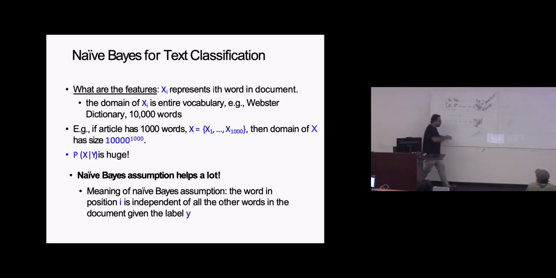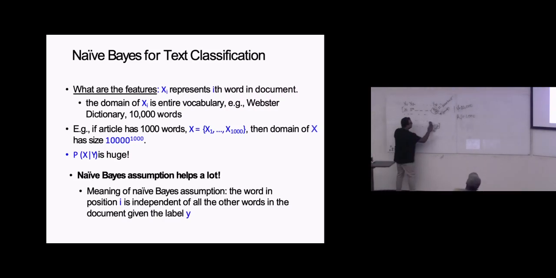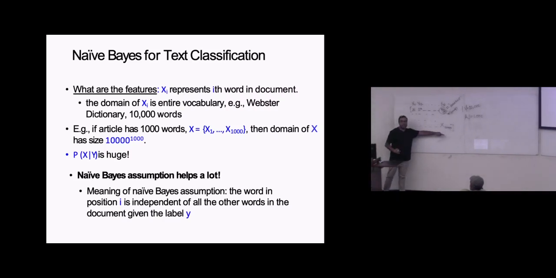Here, assume that our vocabulary size is 10,000, and let's say our length of the document is 1,000, for example. So you have X1, X2 till X1,000. If I don't do naive Bayes, I have to estimate a probability for each possible document of that length. Let's say that's our maximum limit.